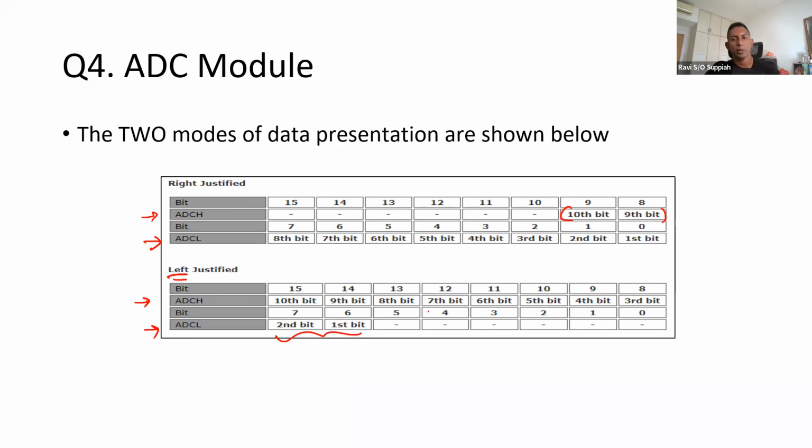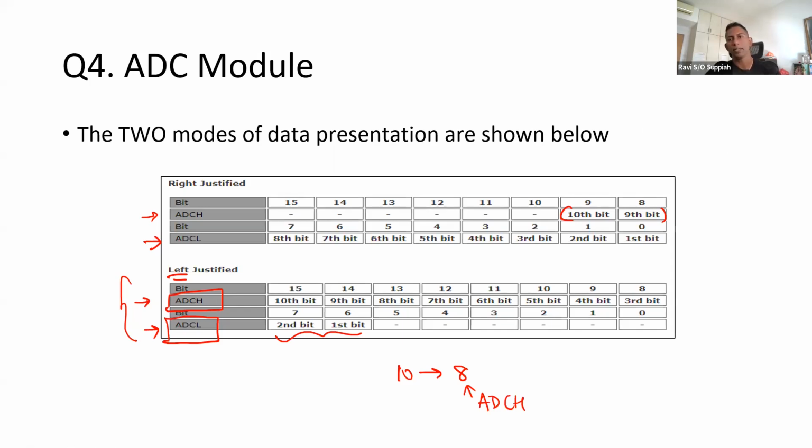When I look at it this way, what do you see? If I wanted to scale 10 bits down to 8 bits, I want to discard the last 2 bits. In this mode of operation, the last 2 bits are already in the ADCL register, and the upper 8 bits, which I want, are already inside the ADCH register, without me having to do anything.